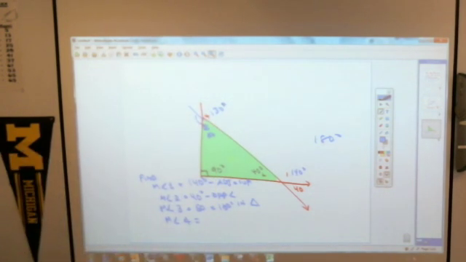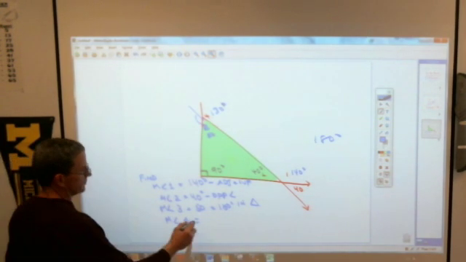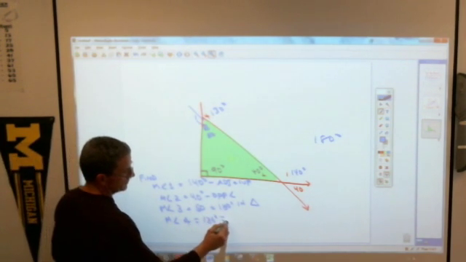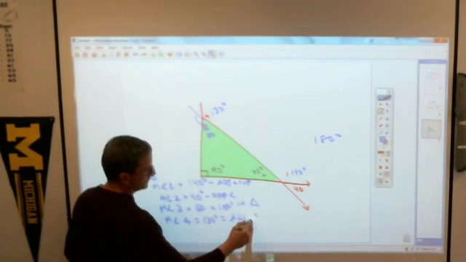Chase, how did you get that? Because it forms a straight line, and we call that what type of angles? Adjacent angles. This is 130 degrees because of adjacent angles.